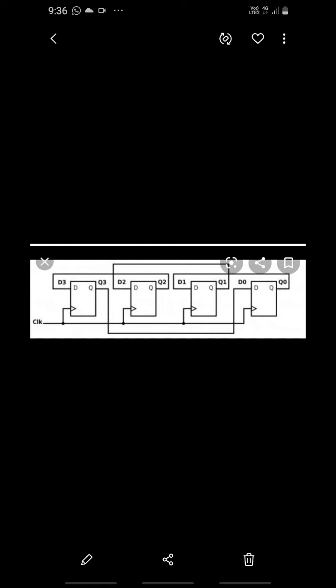The next data bit to be stored is 1. This is now applied at D3 at the positive going edge of the second clock pulse.